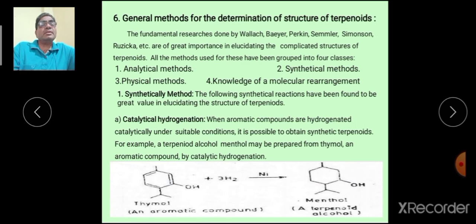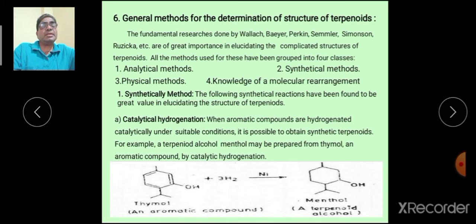Now, general methods of the structure determination of terpenoids. The methods include, first, the analytical method, that is analysis of the compound; then the synthetic method, synthesis of the compound; and the physical method, the knowledge of molecular rearrangement.